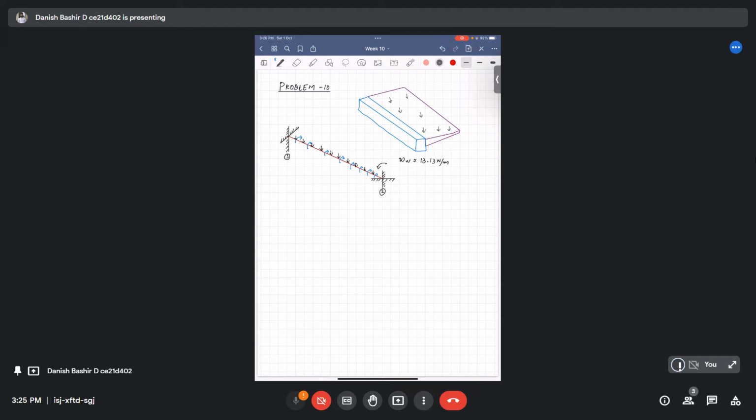So this cantilever projection is inducing some torsional moment into this beam, just trying to rotate it like this. That is the thing I have shown here.